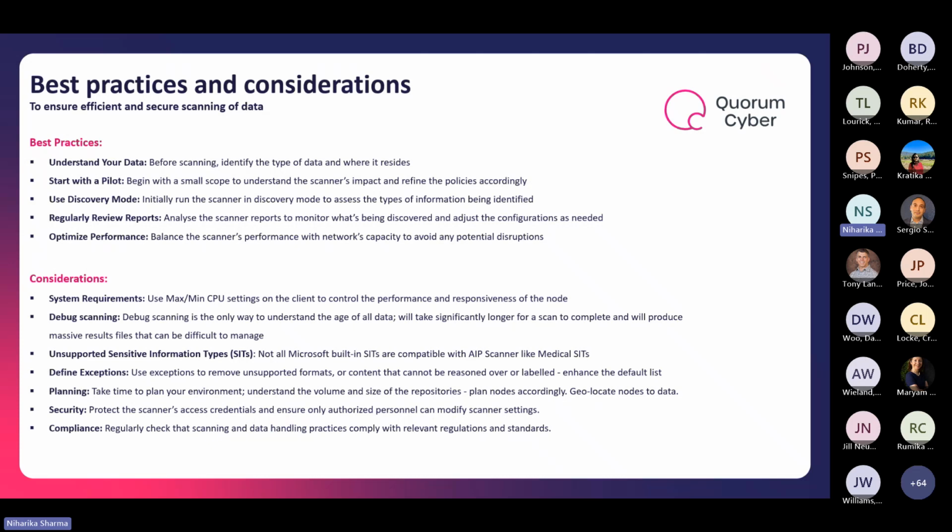In order to ensure efficient and secure scanning of your on-premise data, the first and important thing is to understand your data, in terms of identifying which are the key repositories within your organization to focus on.